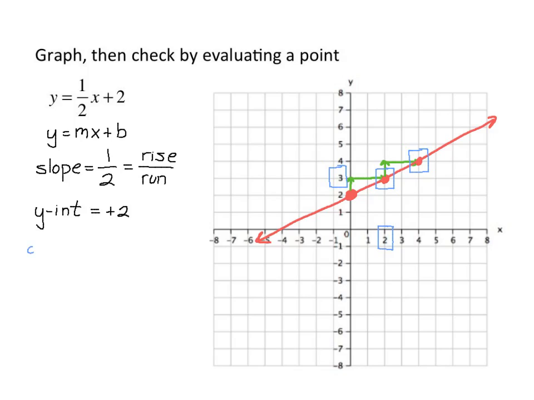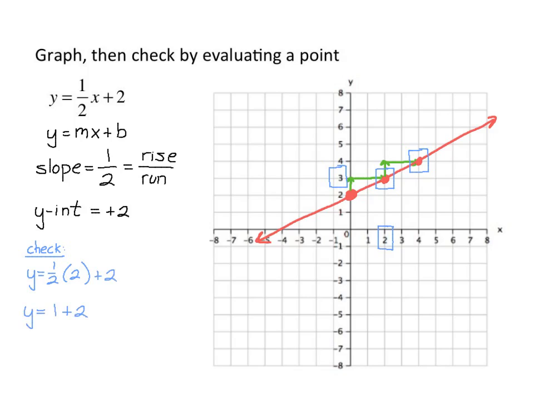So over here we can write check. And again, this isn't a surefire, 100% foolproof way to check it, but it's at least a good way to make sure that we were, for the most part, on the right track here. So if I plug in the x value of 2, y equals 1/2 times 2 plus 2, I can then see that 1/2 times 2 is 2 over 2, which is 1, plus 2.